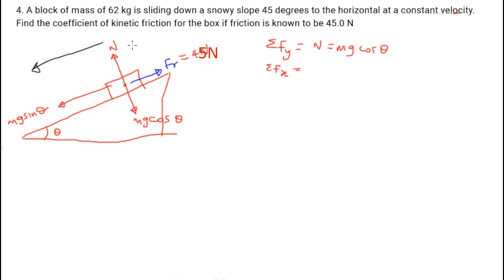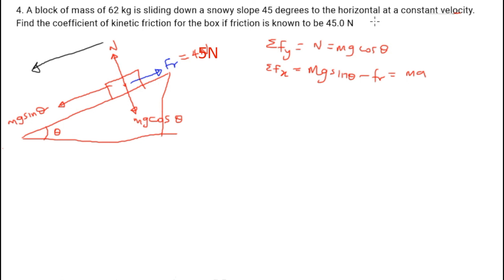The direction of acceleration is down the inclined plane because the object slides down the inclined plane. So the force in that direction is mg sine theta. And then the force that is opposing it is the friction. So we subtract the friction, and it has to be equal to ma.